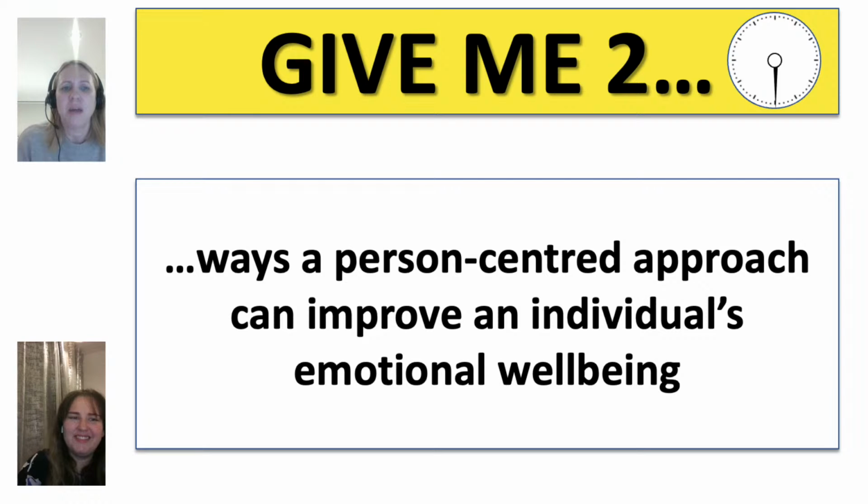Okay, so 2 ways a person-centered approach can improve an individual's emotional well-being. Have we got anything, Laura, come through? We have. Lisa Lee has said make them feel more relaxed because you're being kind. Amelia is saying make their needs feel valid by improving their confidence, reduce anxiety.